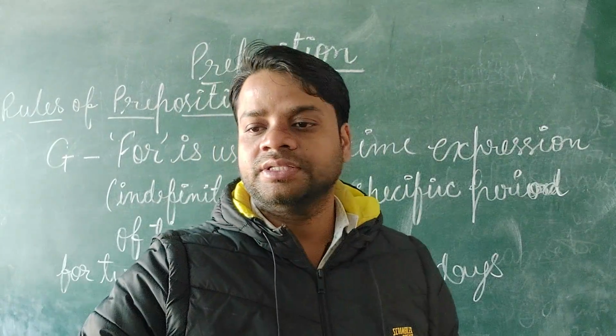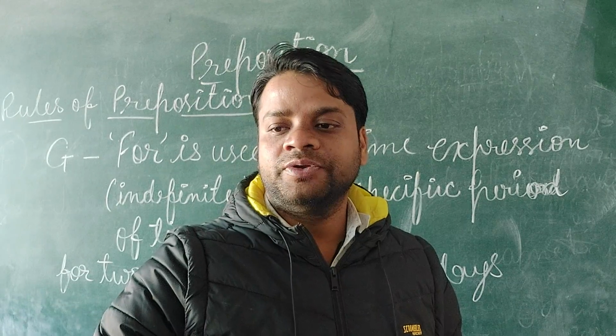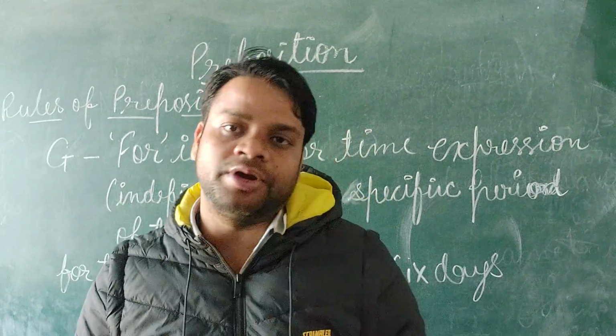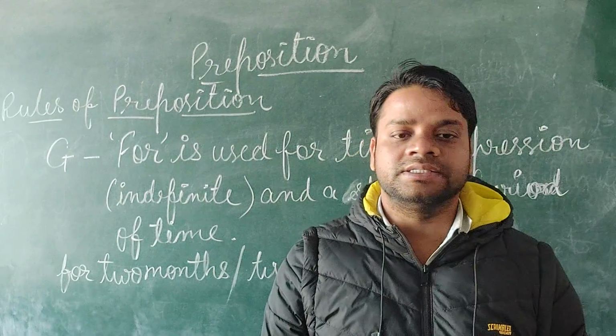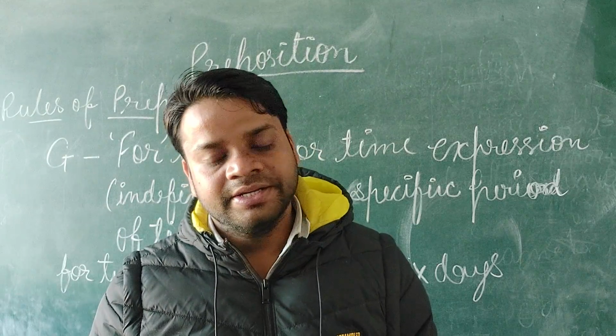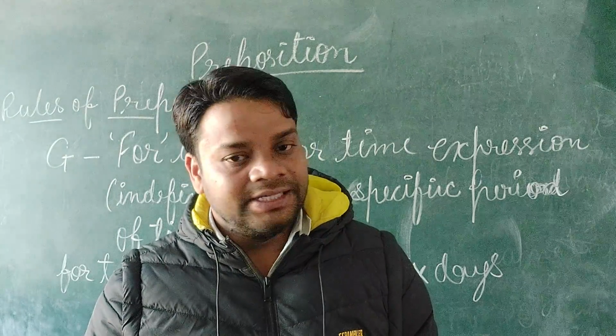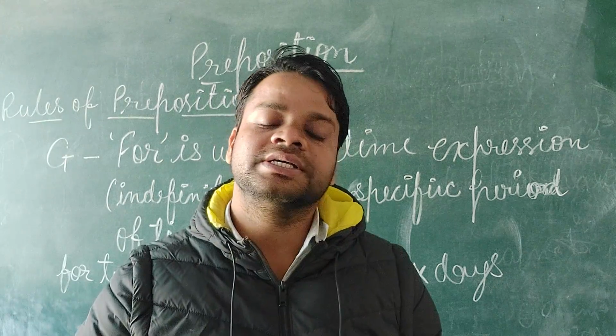Indefinite time means you are not sure which time you are talking about. Morning is definite, so there we will use since. Like today is 9th of January, so it is definite that we are talking about a particular date, so there you will use since.